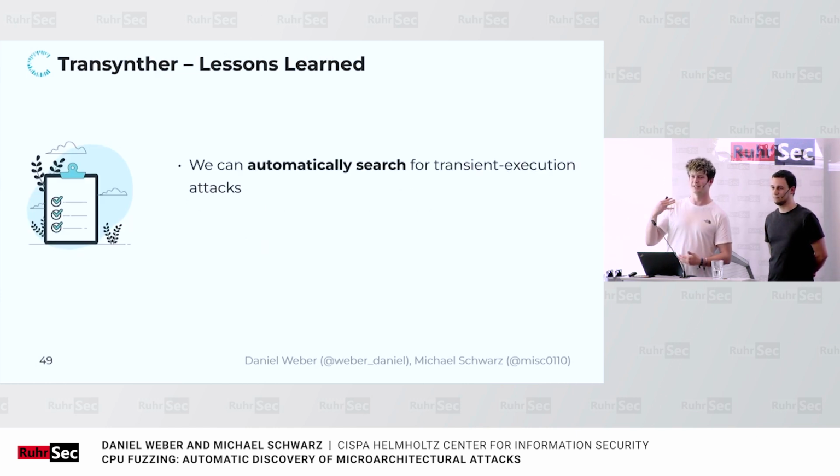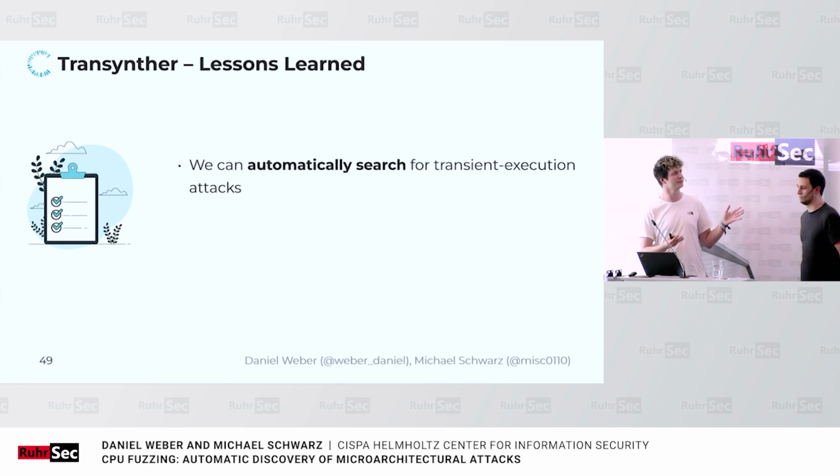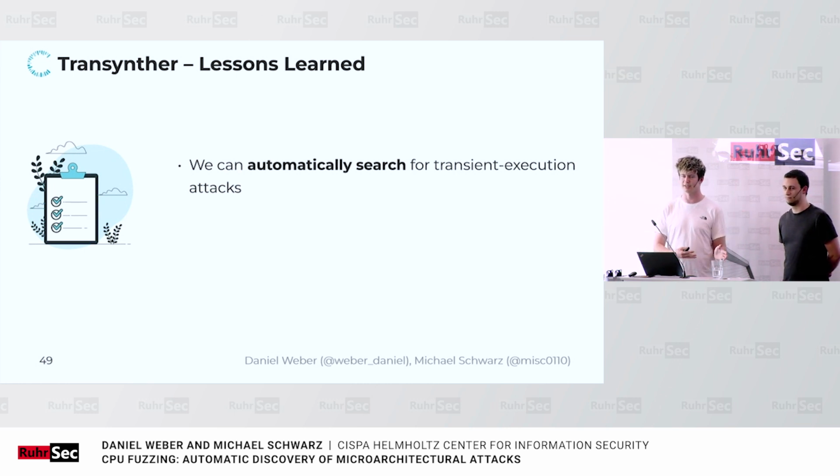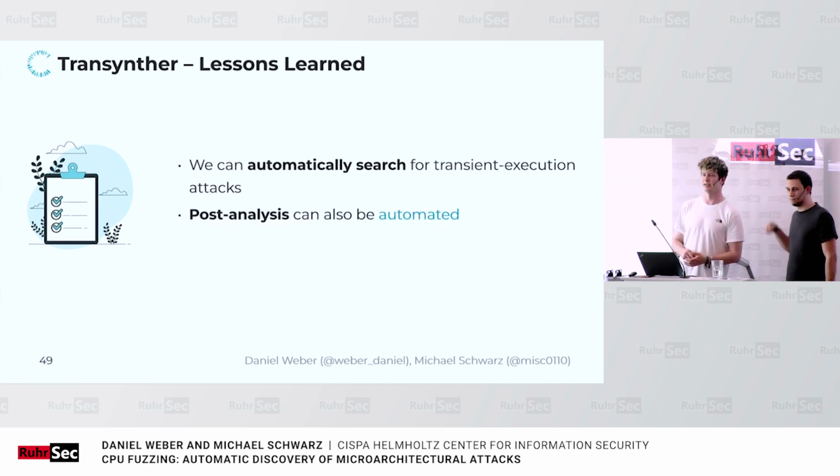So what do we take from this tool? I'd say the simple thing first, we can automatically search for even more complex variants of attacks, like those transient execution attacks, Meltdown-style attacks. That works. And to some extent, we can also analyze what we got there. Like we can try to classify it into different variants.